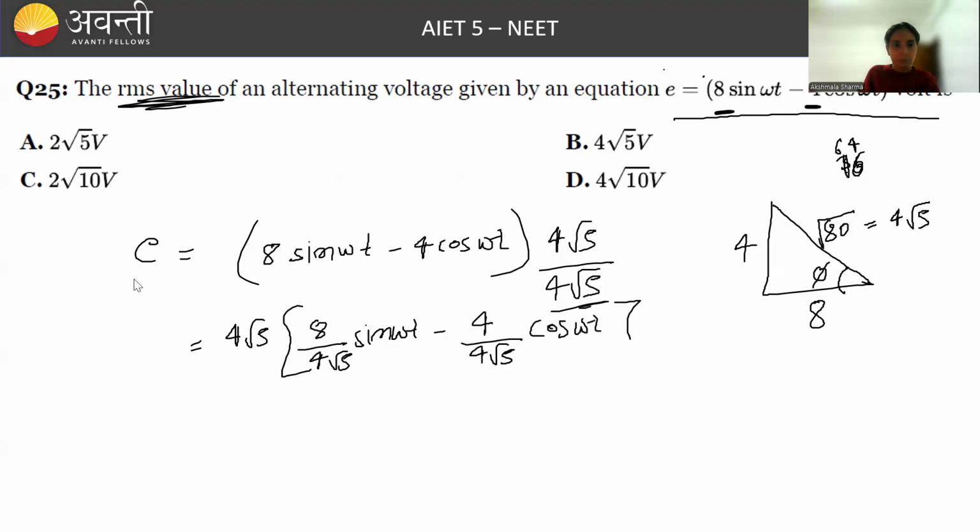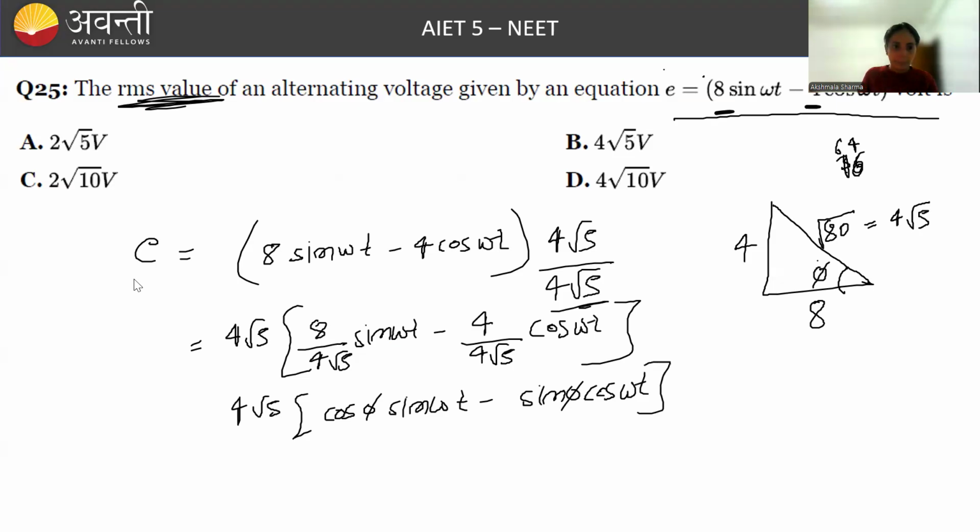If you look carefully, 8 by 4 root 5 is cos phi. So this is cos phi sin omega t minus sin phi cos omega t. If you do further, 4 root 5, this is sine of omega t minus phi.